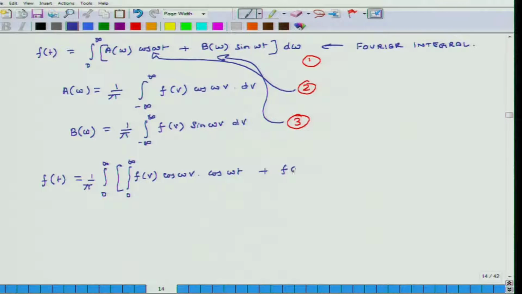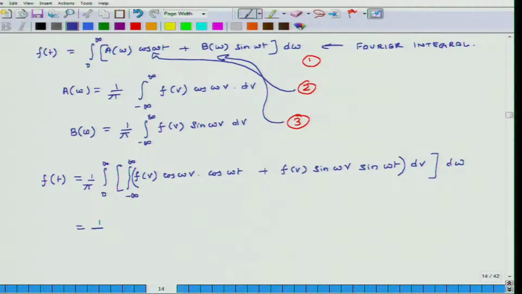So it is f(v) sine of omega v sine of omega t, and I have to first integrate this whole expression with respect to dv, and then integrate this thing with respect to d omega. And the other thing which is erroneous here is that this limit should have been minus infinity to infinity.